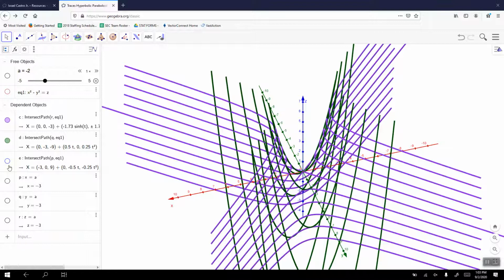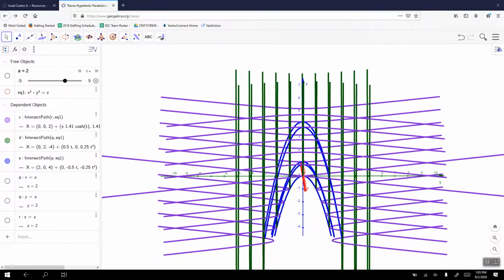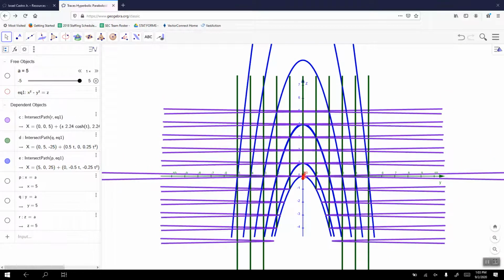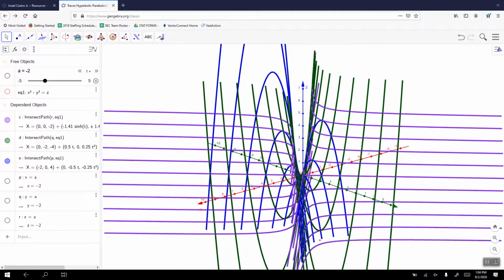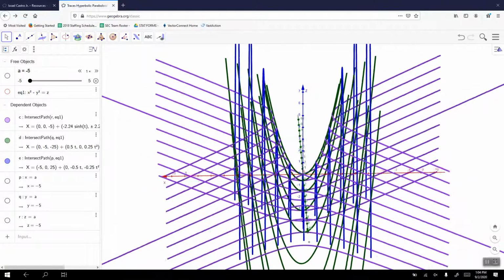Going on to the last trace, here we are for parabolas again. And this was viewing directly from the x-axis, which means these are from the yz plane point of view. So notice we have two traces that are parabolas and one trace that is a hyperbola.